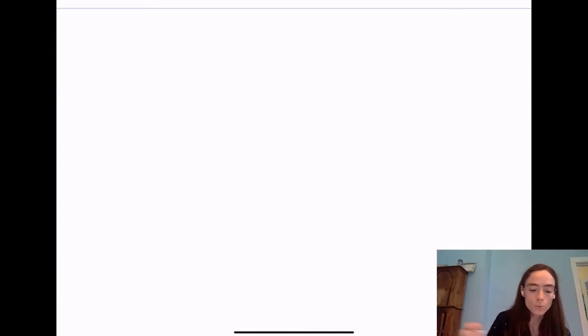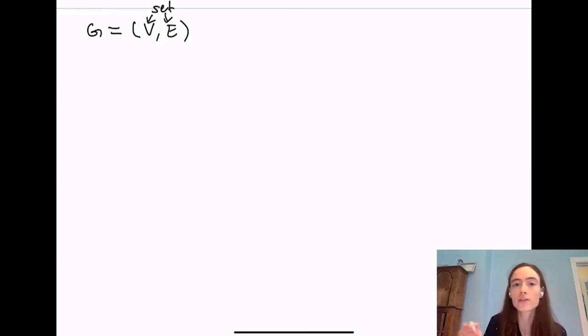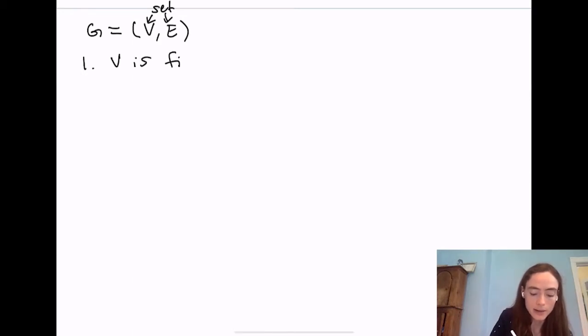Let's define a graph G as a set of vertices and a set of edges with two properties. One, V is finite and non-empty.